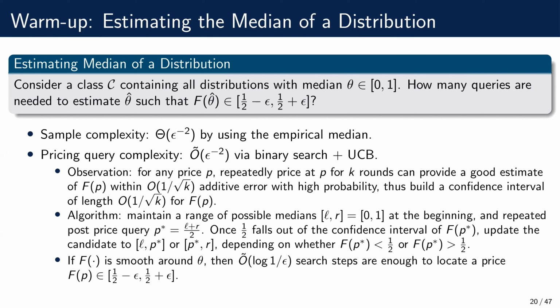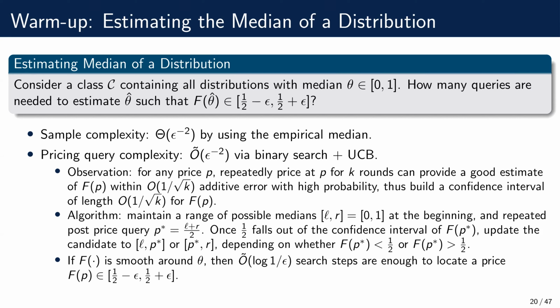Once 1/2 falls outside the confidence interval of F(P star), the algorithm updates the candidate interval to either the left half or the right half of the original interval, depending on whether the quantile of P star is below 1/2 or greater than 1/2 from what we learned. If the cumulative distribution function is smooth around the median, then log 1 over epsilon binary search steps are enough to locate the price with a quantile close to 1/2.